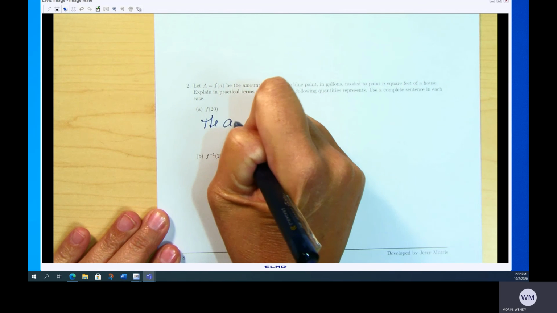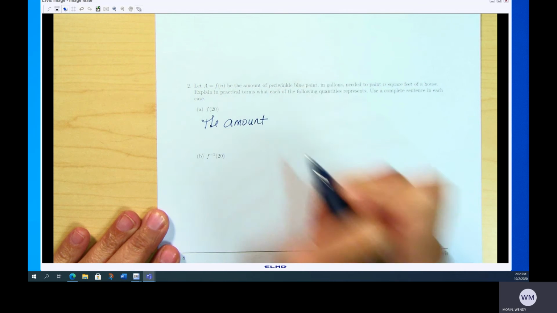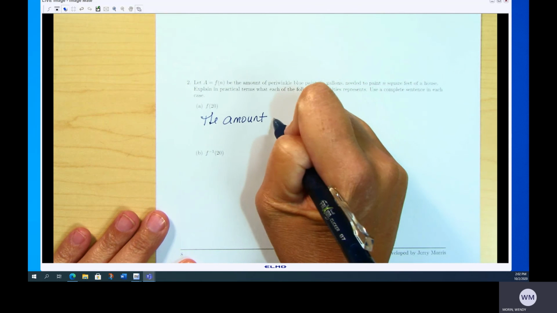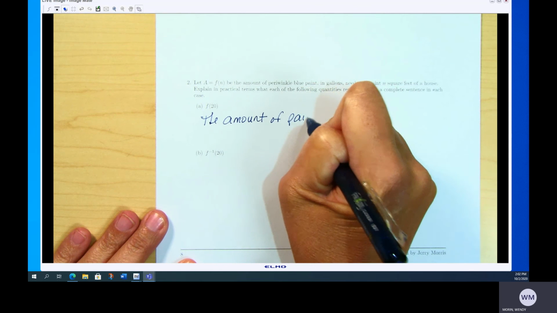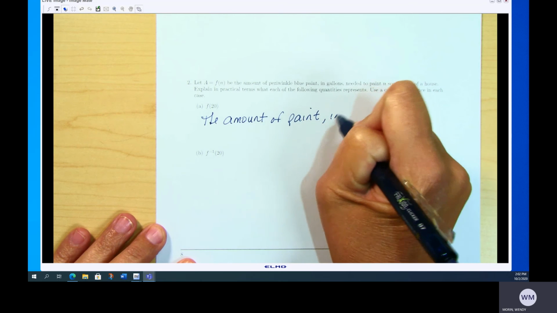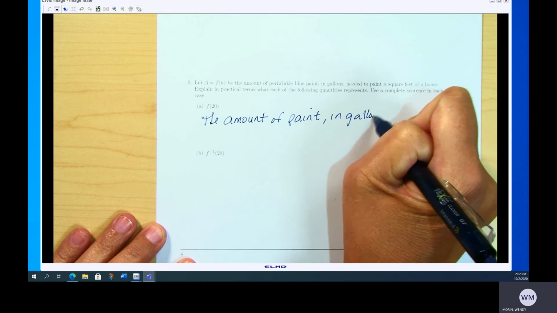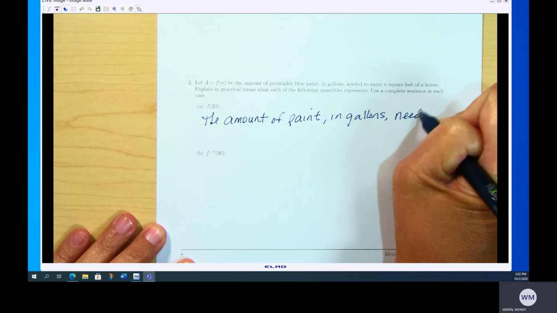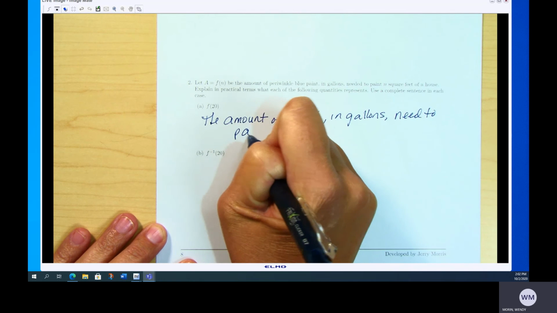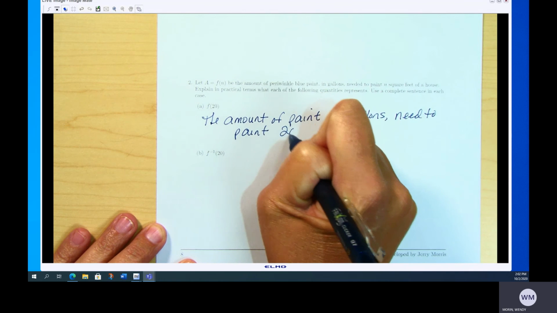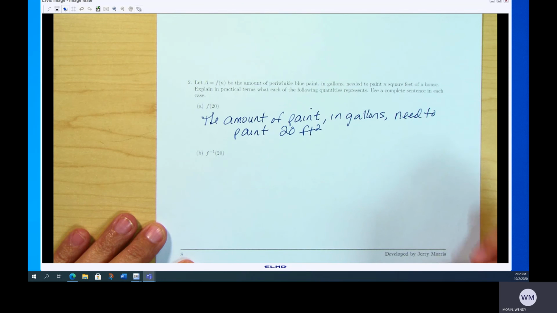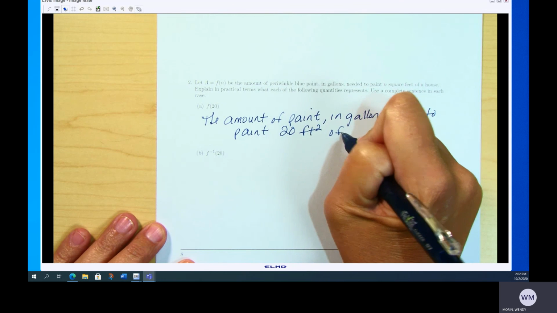It's the amount of periwinkle blue paint, we'll just say of paint, in gallons needed to paint 20 square feet of house.